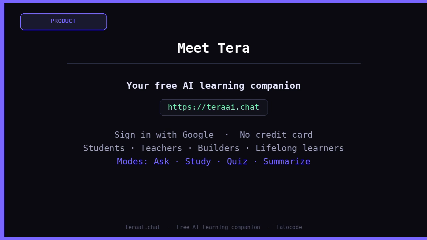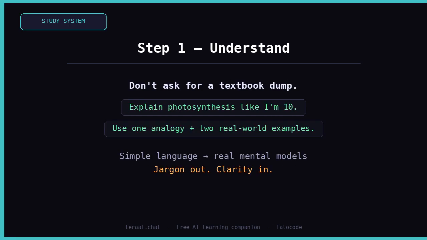Step 2 is testing. This is where the magic happens. Rereading feels productive, but it's not. Testing is productive. Here's the prompt: "Create 5 quiz questions about cellular respiration. Mix multiple choice and short answer. Don't show answers yet."